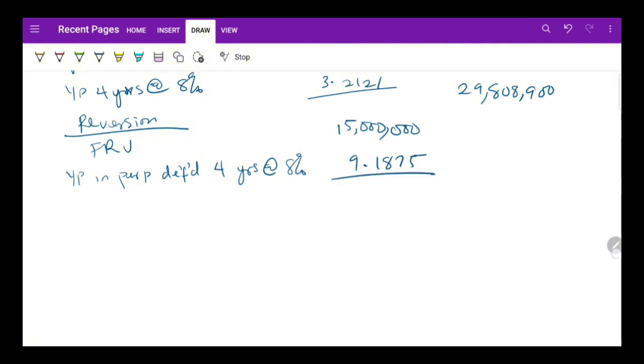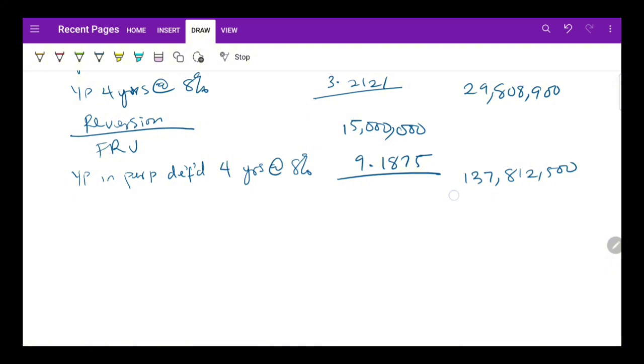Capitalize that, it gives us 137,812,500. So we add the term and reversion together, and that gives us 167,621,400. So that is the present interest. So now let's look at the proposed interest.